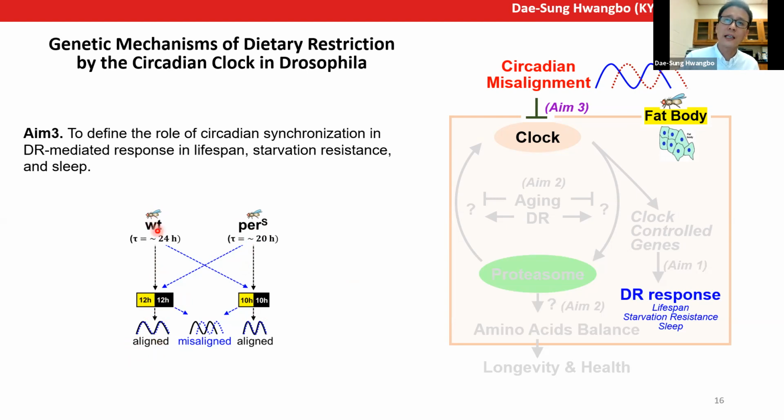But what happens if you put them in a different cycle, for example, 10 hours and 10 hours? In that case, they're misaligned. And the PERS mutants have a 10 hours and 10 hours rhythm. If we put them in a 10-hour cycle, they're aligned. So probably they will extend lifespan. But in the 24-hour case, they're misaligned.